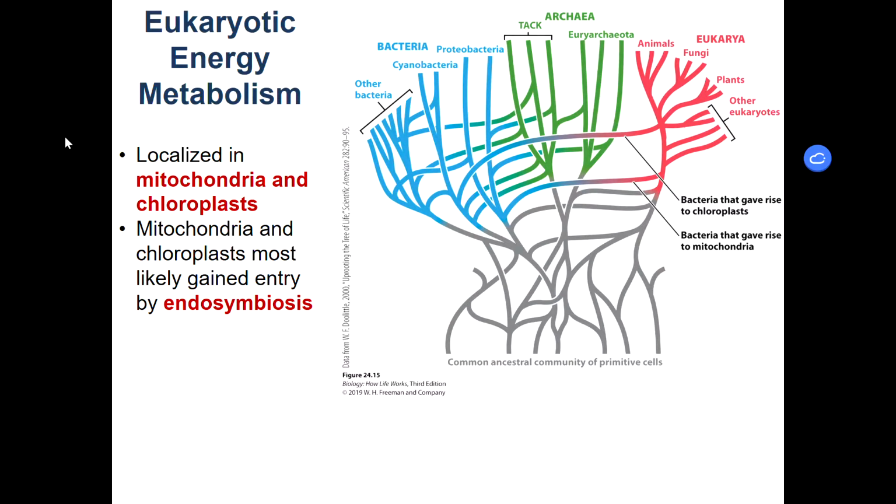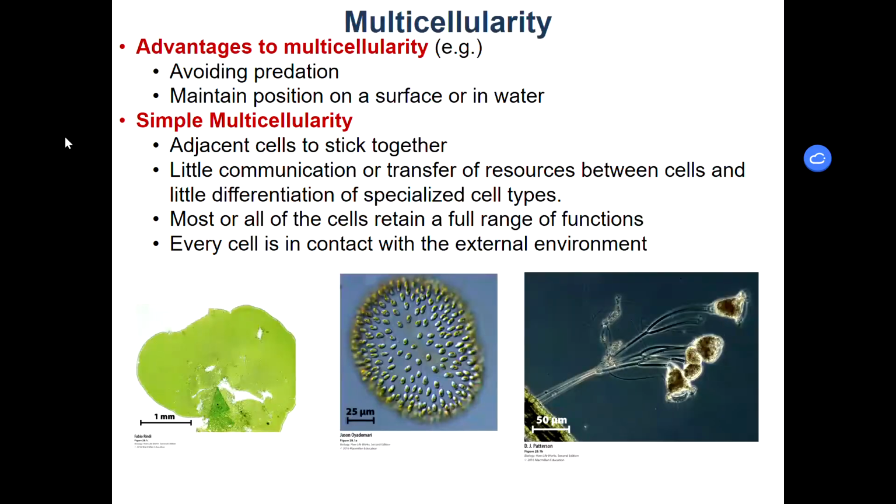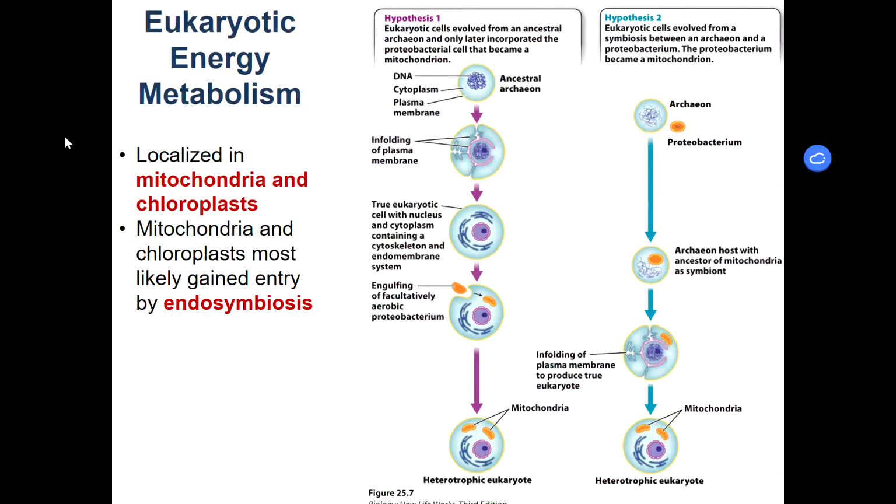Now, if we think about eukaryotes, we're very diverse. So this endosymbiosis happened very, very early on. Oops, no, go back. And there are two hypotheses as to how this happened.